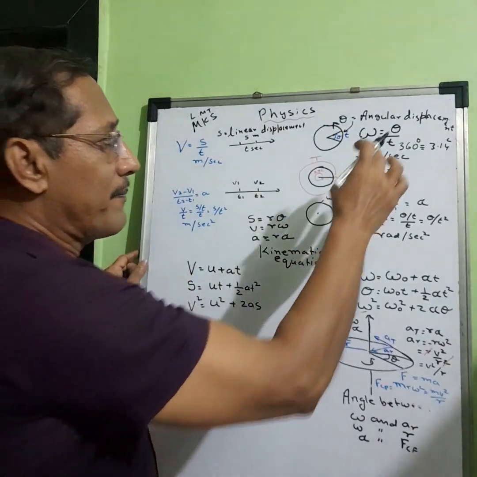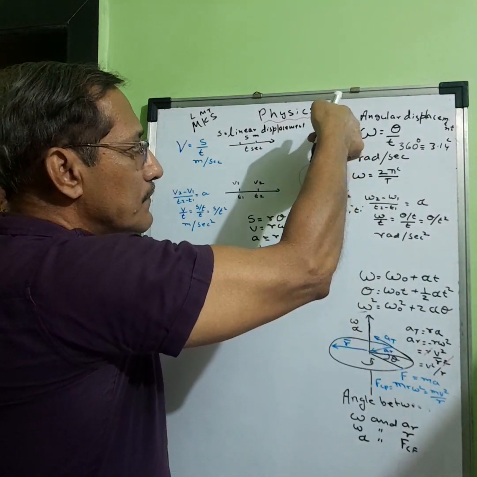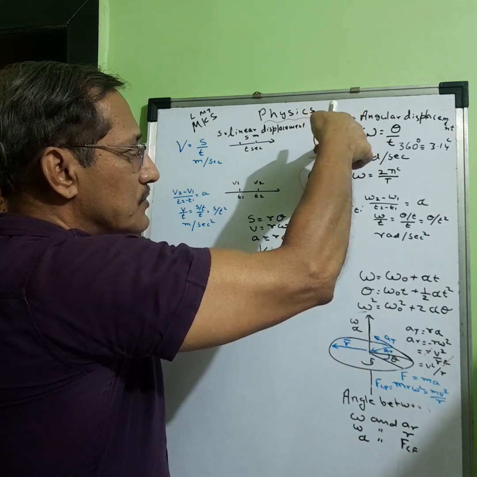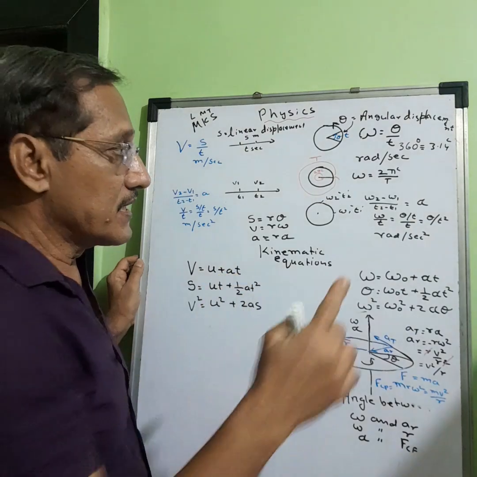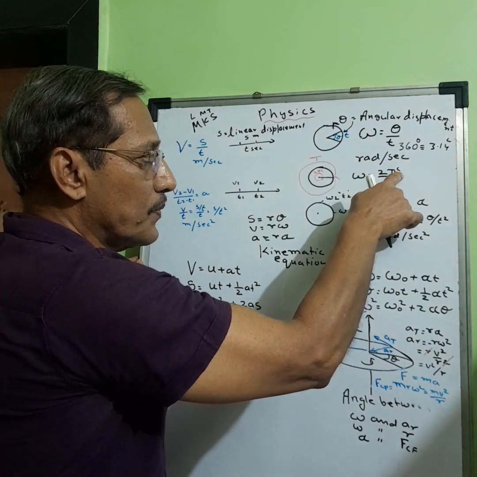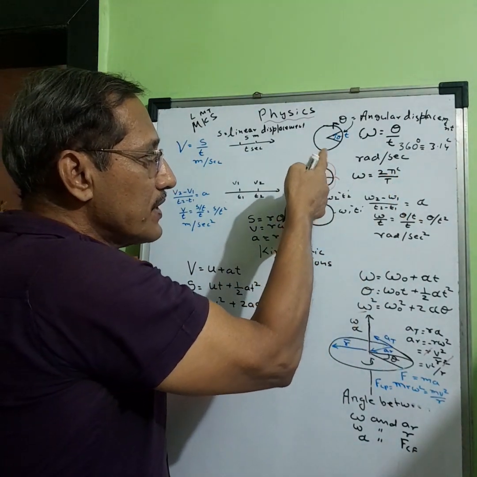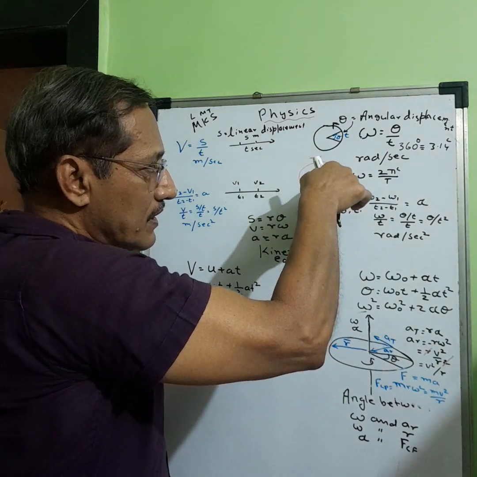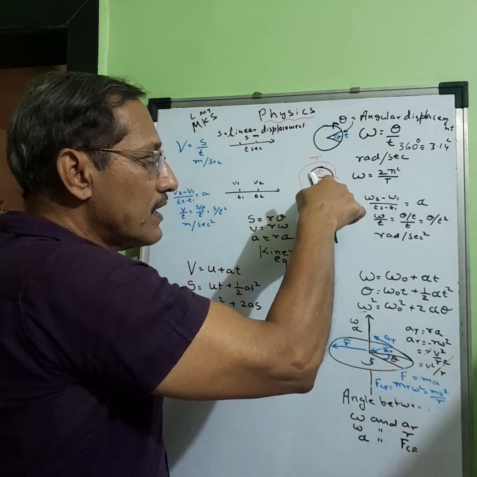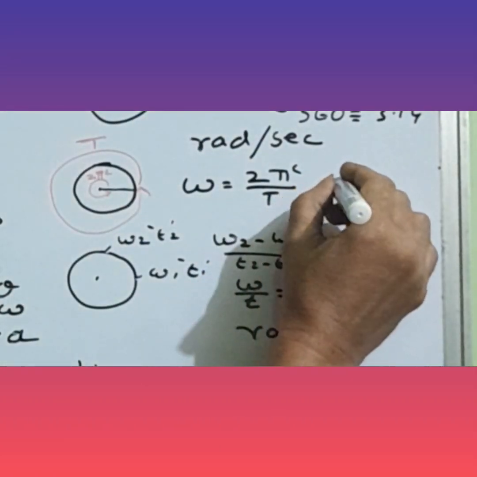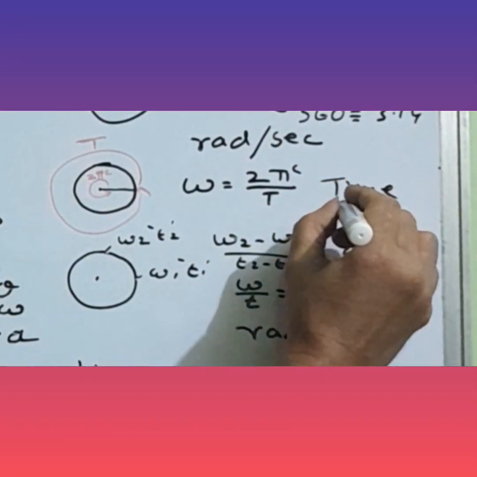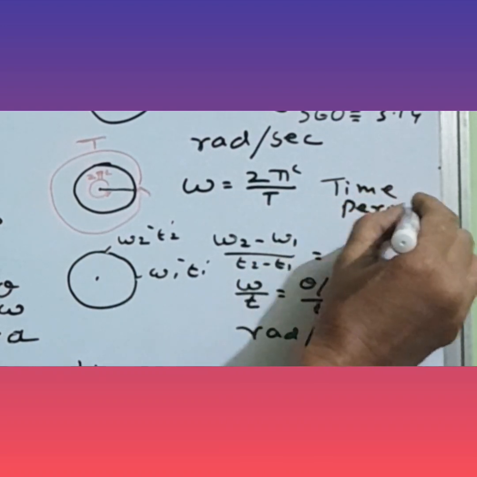Now suppose it has covered the full circle. Full circle means how many degrees? It is 360 degrees, which is 2 pi radians. So it is 2 pi over time, and the time required for covering the full circle is capital T. That capital T is known as the time period.